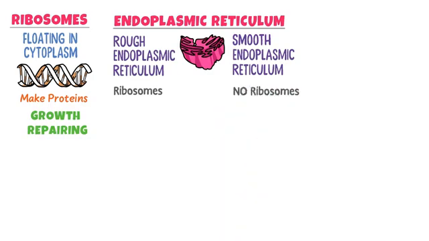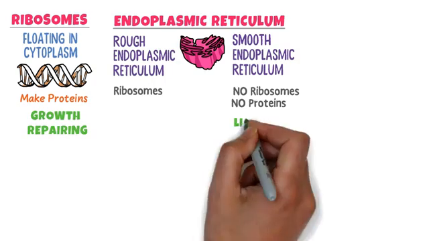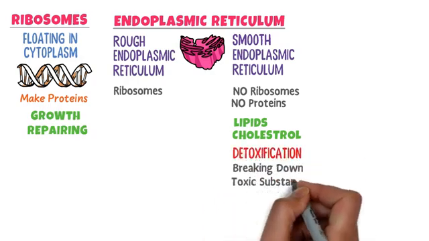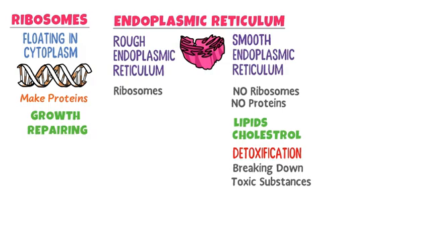It means that smooth endoplasmic reticulum does not produce any protein because it has no ribosomes, but it produces lipids or cholesterols, etc. Secondly, it also does detoxification. It means the breaking down of the toxic substances within the cell.